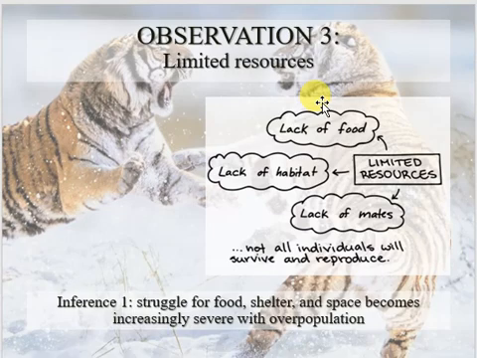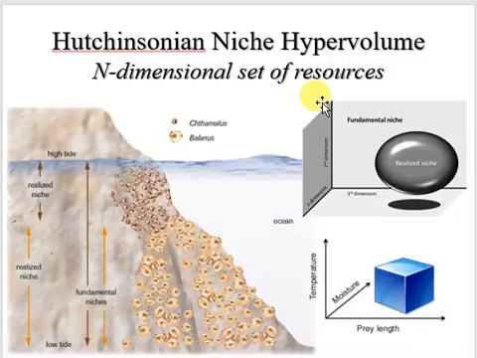Now, going deeper into this third observation regarding limited resources, there are several interesting behaviors, relationships, and biological concepts that stem from this area. One of them is the concept of a niche. The availability of resources influences where species can actually exist within an ecosystem.